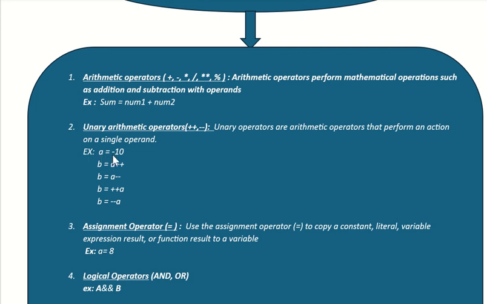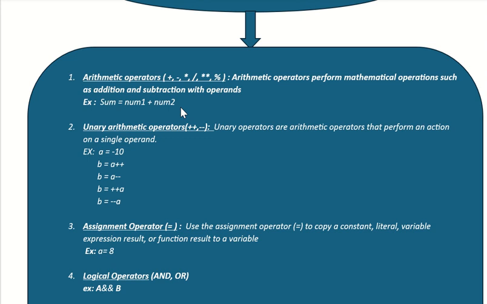Here you can see these are multiple operands, and here a equal to minus 10, that is a single operand. Minus 10 is also an operand. Any operands you can use with these operators, and that is called an arithmetic operator: it performs mathematical operations such as addition, subtraction, multiplication, division, percentage with operands.